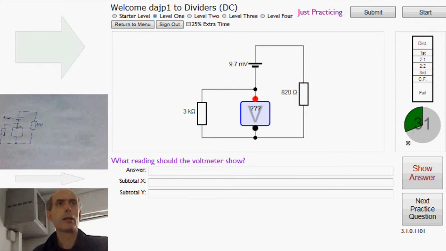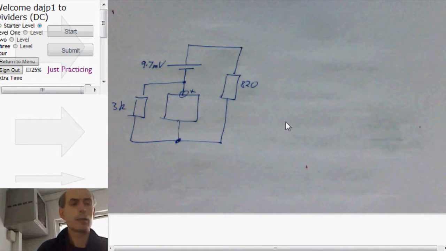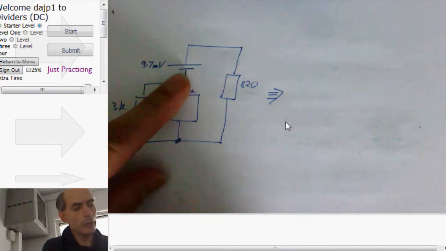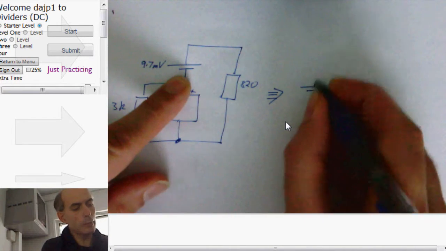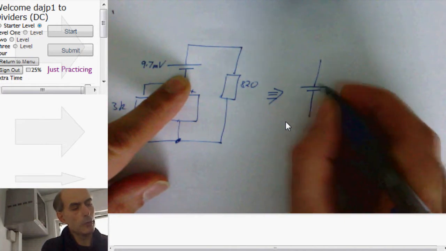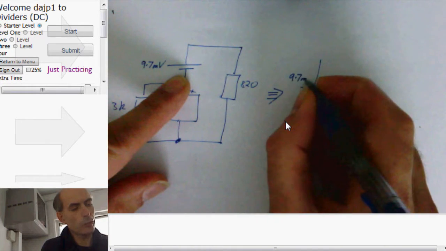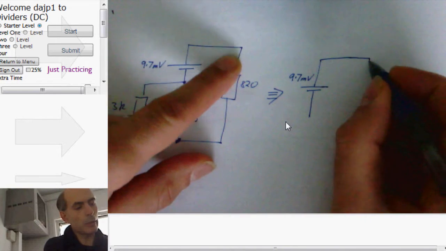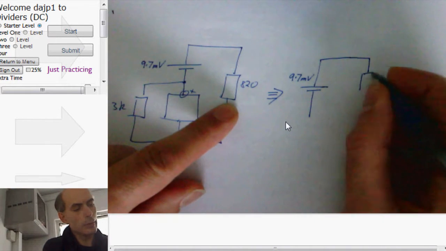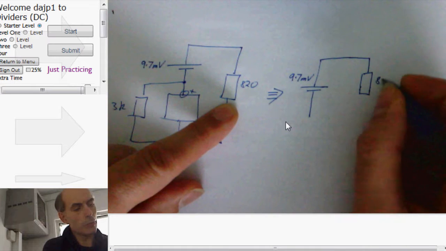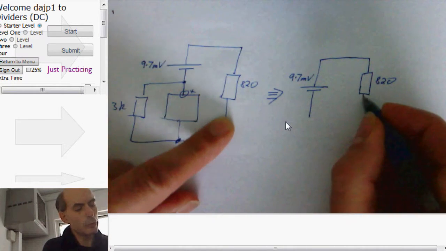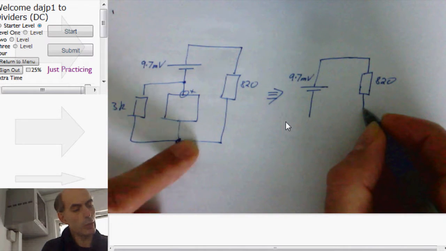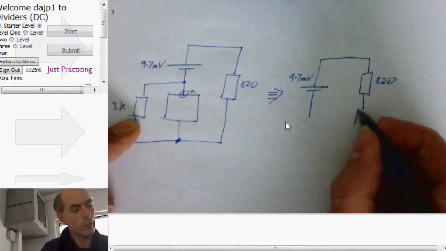Right. Now that is topologically equivalent to, let's leave the 9.7 millivolt source just where it was. This wire coming up here, come down there, put the 820 ohms there, move down, but instead of going round, we'll just go straight into a 3K resistor there.